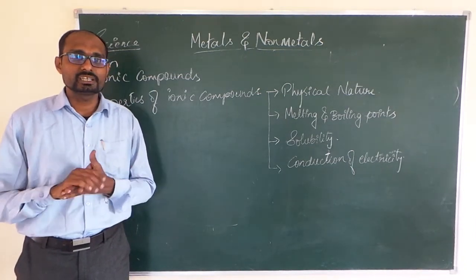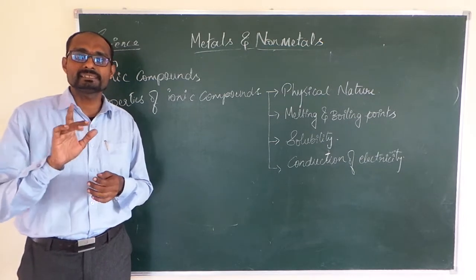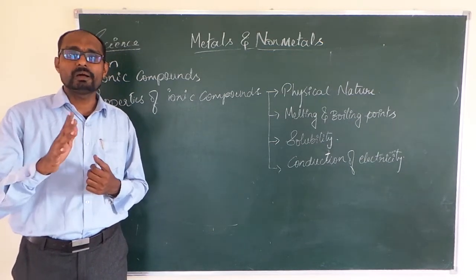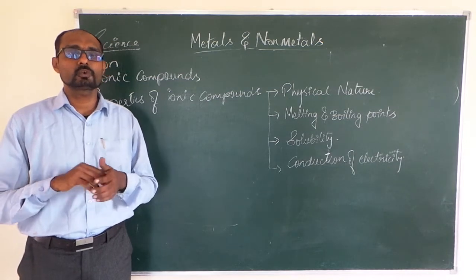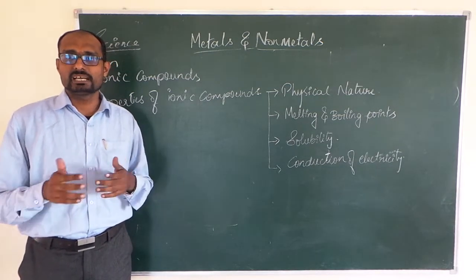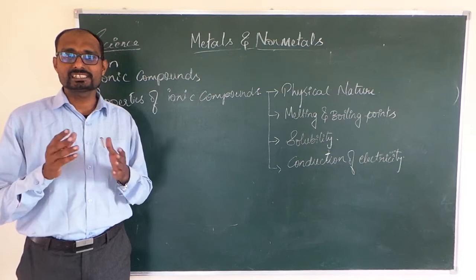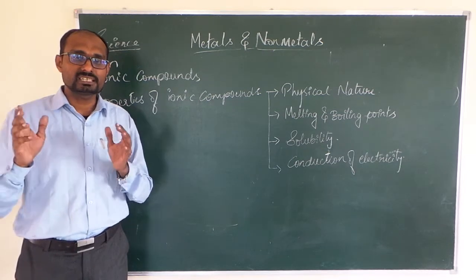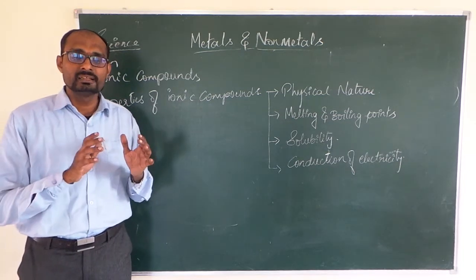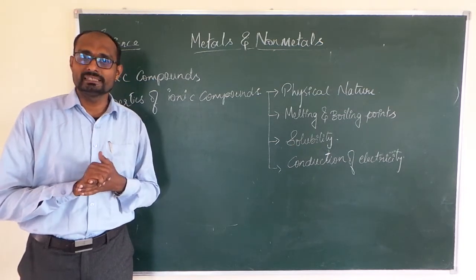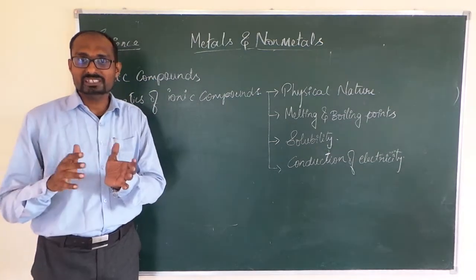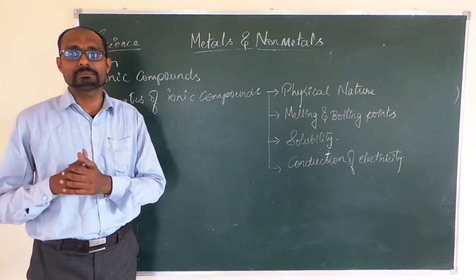Any ionic compound will have a metal and a non-metal. However, there are some exceptions in the case of compound radicals. For example, if we take the sulfate ion, SO4 2-, sulfur and oxygen taken together have a charge of 2-. Those kinds of compound radicals are exceptions.